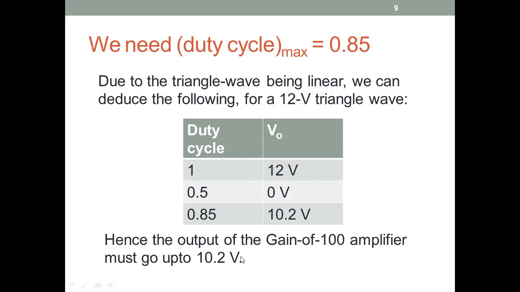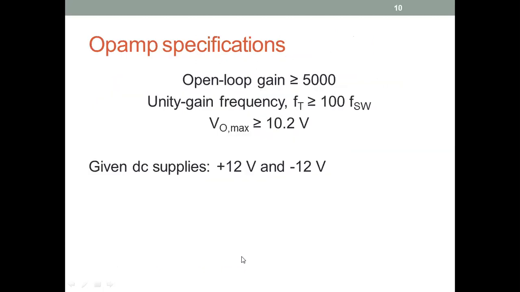So this becomes another requirement for the op-amp, that the output of the op-amp must go up to 10.2 volts. Okay, so let us summarize the specifications of the op-amp. The open loop gain has to be greater than 5,000.